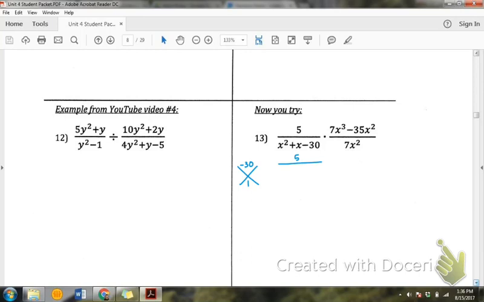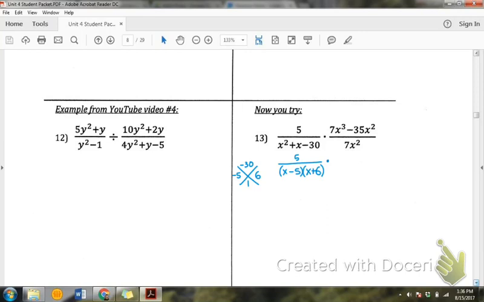Okay, but when you add there, you get 29. What else makes 30? 5 and what? 5 and 6. Okay, which one needs to be negative so that I get a positive 1? The 5 needs to be negative. Good. Okay, so then this is going to be x minus 5 and x plus 6.